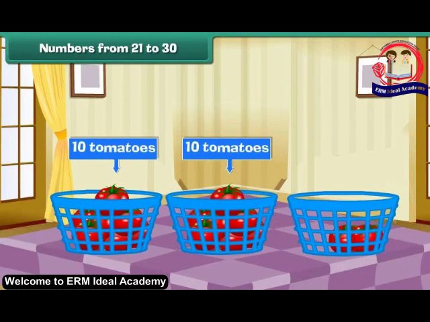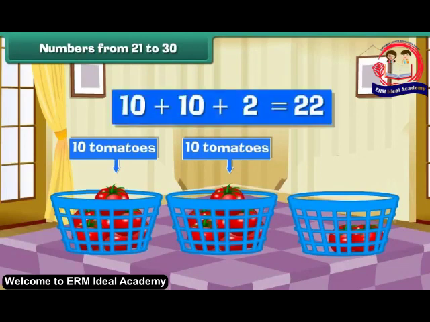Place one more tomato in the 3rd basket. We have 2 tens and 2, that is 22 tomatoes.